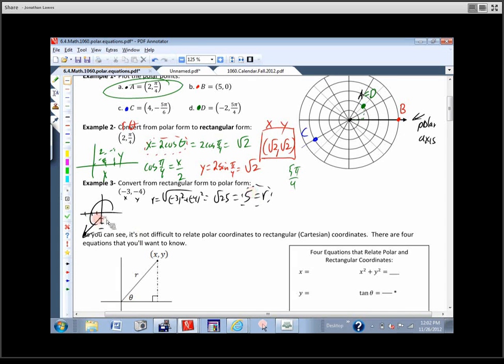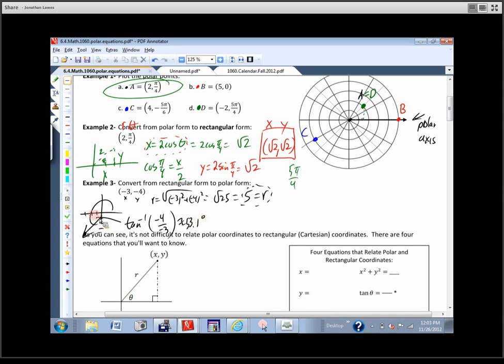And then I need the angle. So if I wanted this angle right here, I could do tangent inverse of the y coordinate over the x coordinate. And what does that say? 53.13. So we'll say 53.1 degrees.